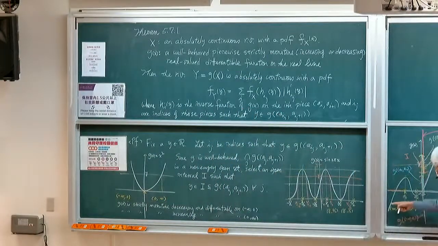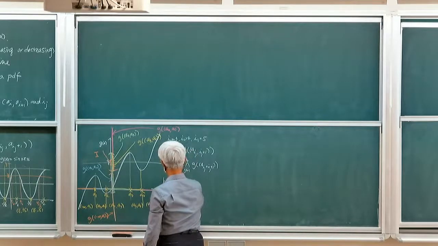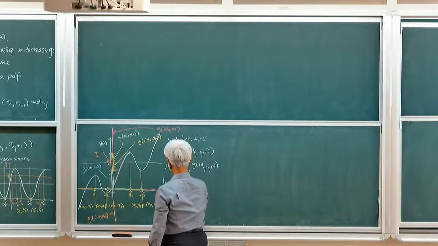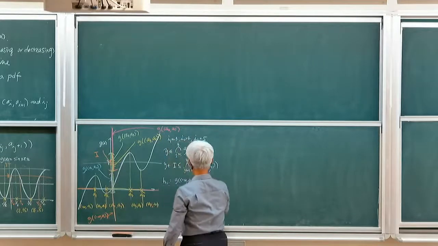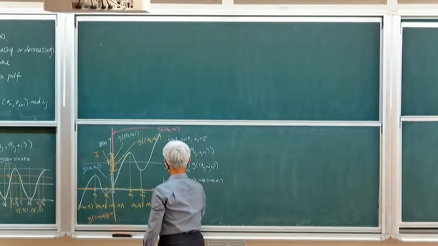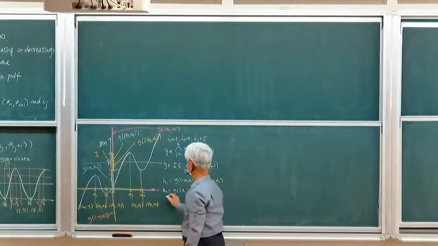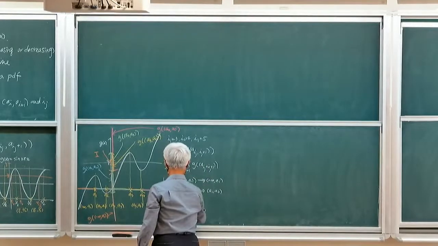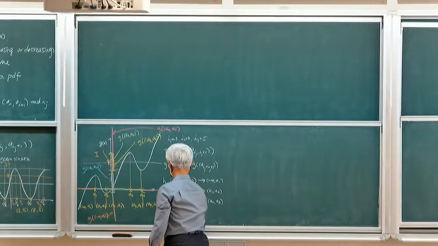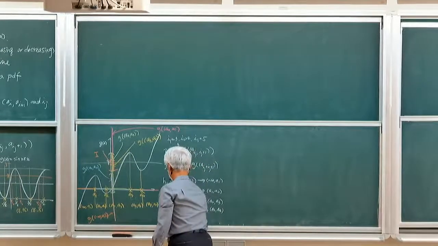So for the first piece, its inverse is H1, going back to here, and H2 goes back to there, H3, H4, and H5.